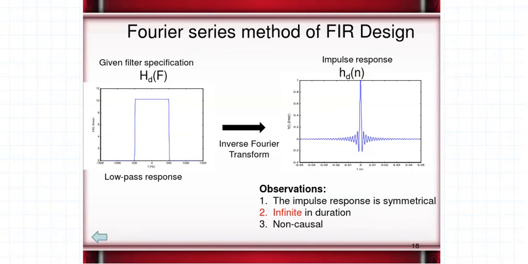As just discussed, the very first step of filter design involves the given filter specifications. You could see this figure here. Let us assume that this is the given filter specification. Which type of filter is it? It's a low pass filter. And we are assuming the cutoff here to be 500 Hz.